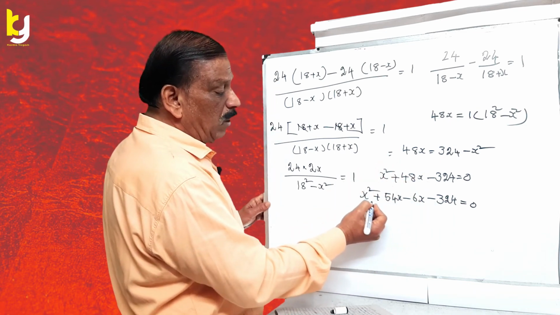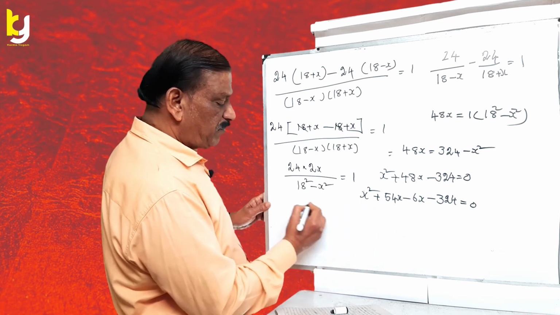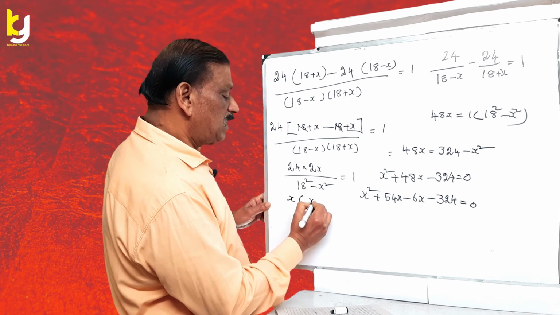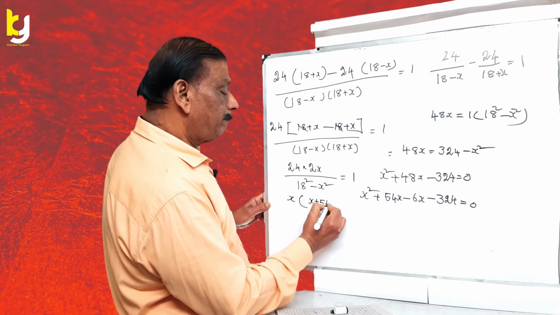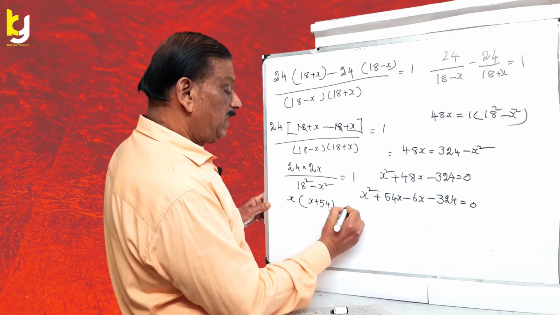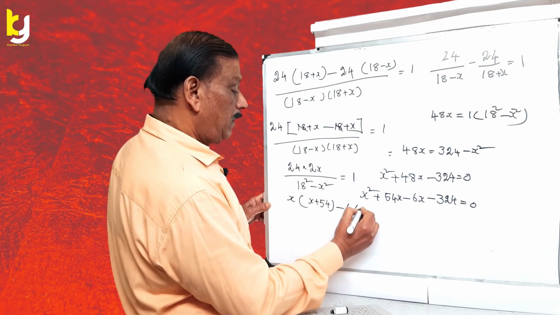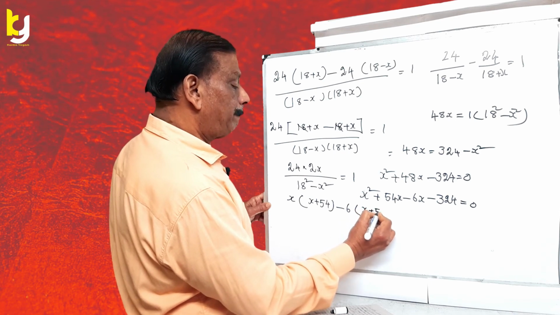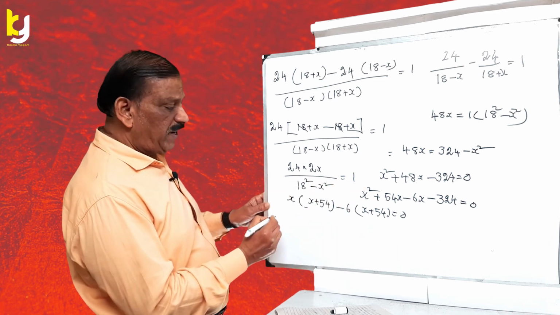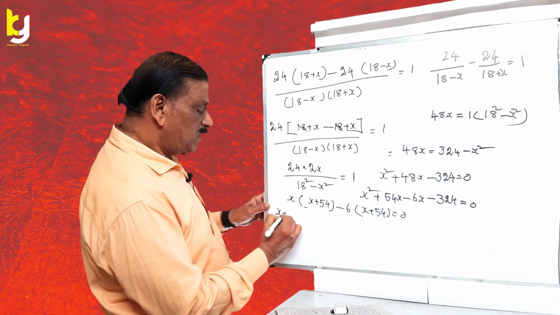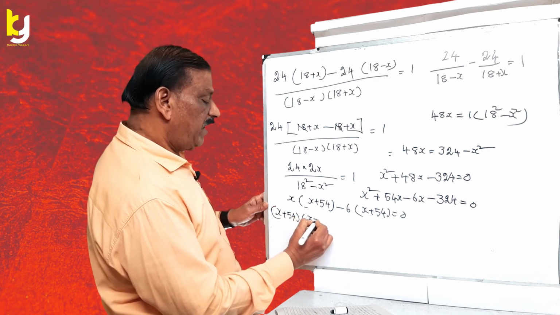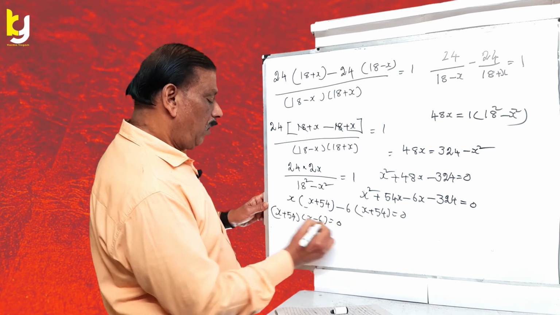Take x outside from these two terms. So x into x plus 54. Take minus 6 outside. Minus 6 into x plus 54, that is equal to 0. Take x plus 54 outside. Therefore, x plus 54 into x minus 6 equal to 0.